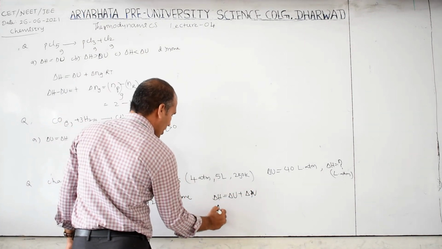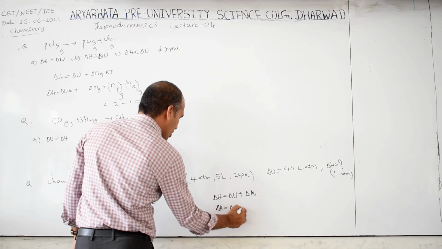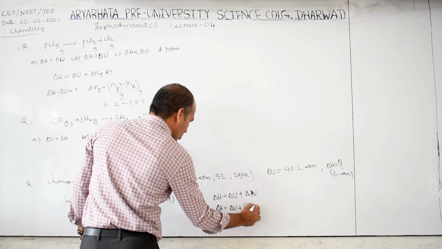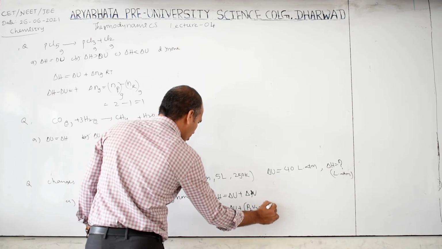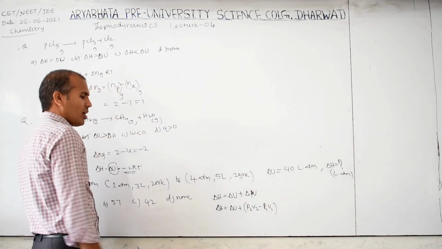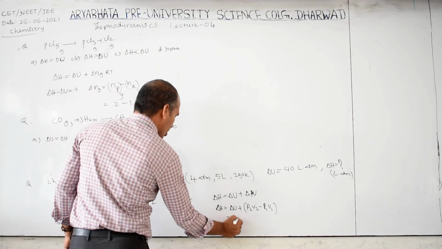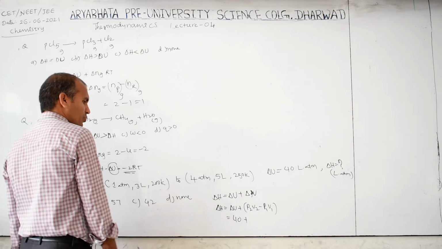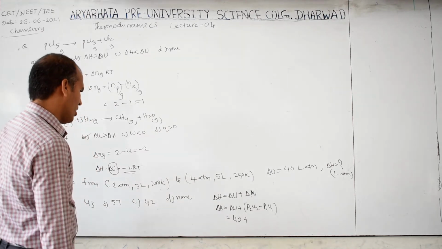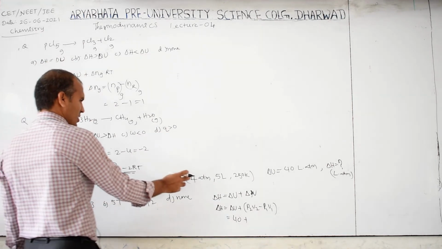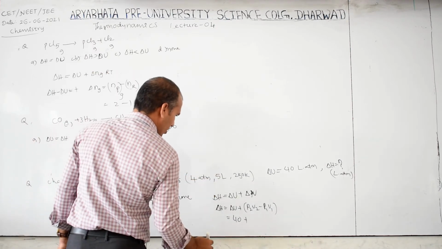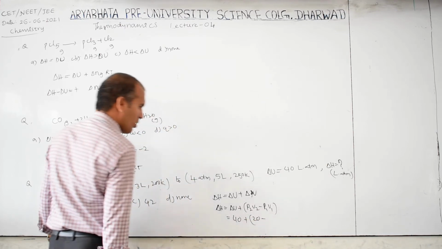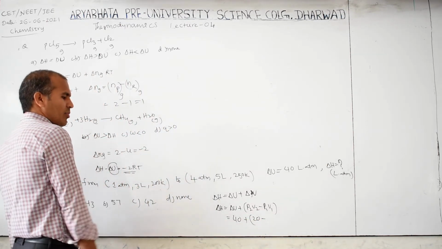Delta PV means change, P2V2 minus P1V1, because here pressure and volumes are given. Therefore, this is 40 liter atmosphere plus P2V2. What is the pressure here? This is first, this is second. 4 into 5, how much? 20. Okay, this is also liter atmosphere.